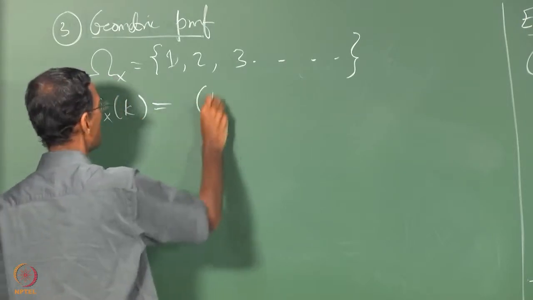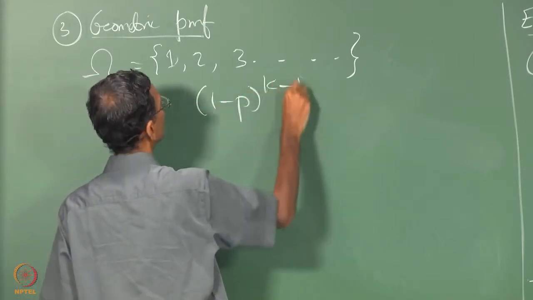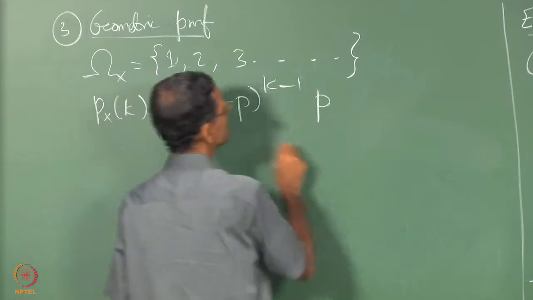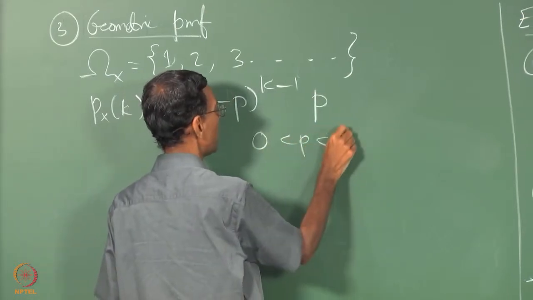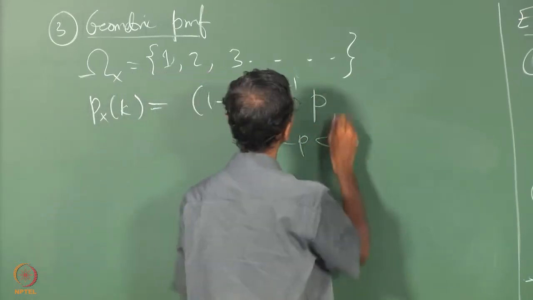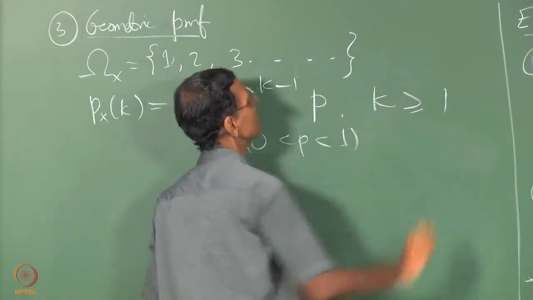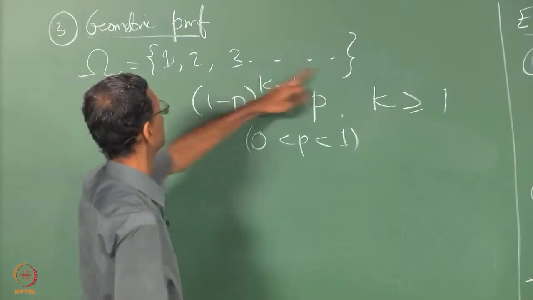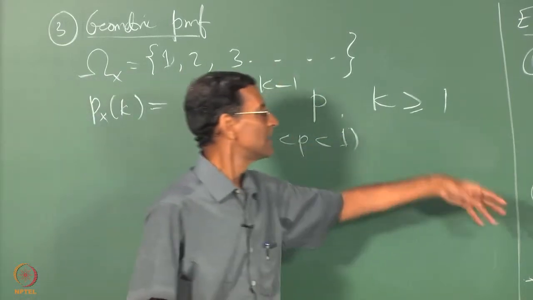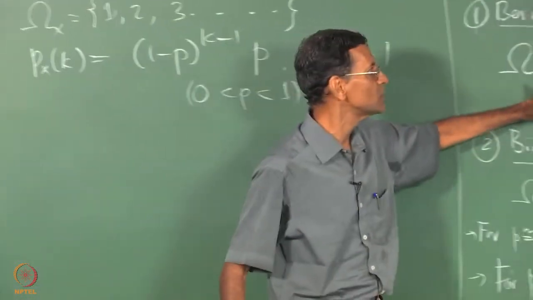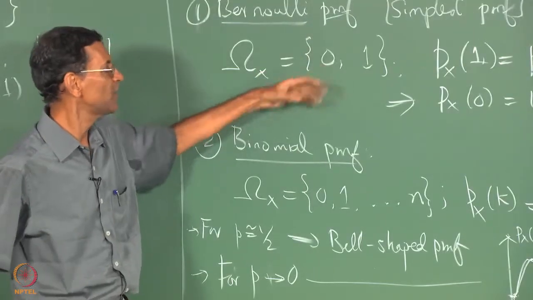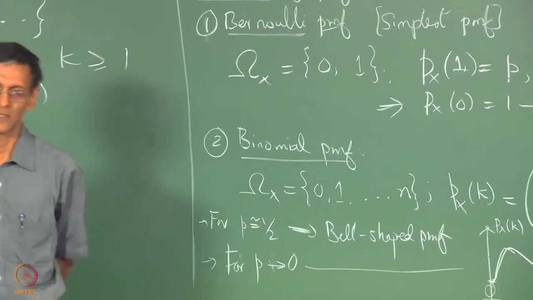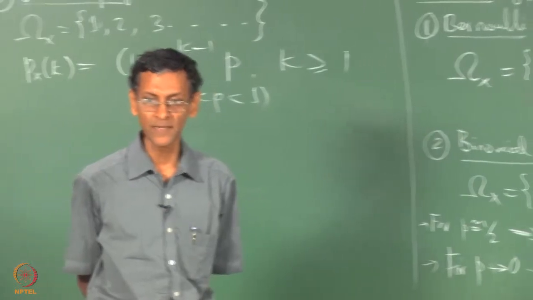We wrote it as (1 minus p) power k minus 1 times p. Again, this parameter p is between 0 and 1, and the expression that we have is for these values of k, right. So, these are all PMFs defined on integer sets or integer arguments, right.